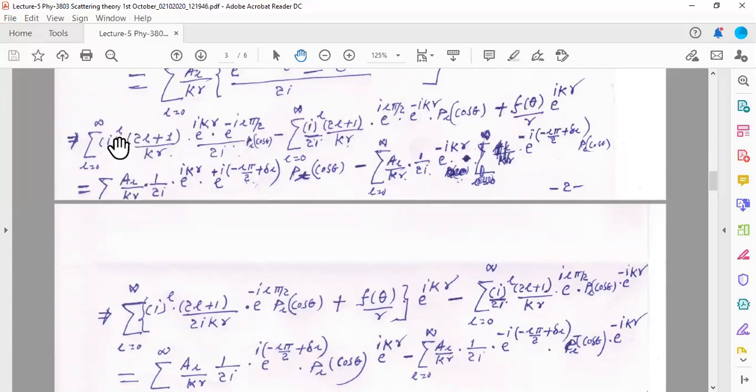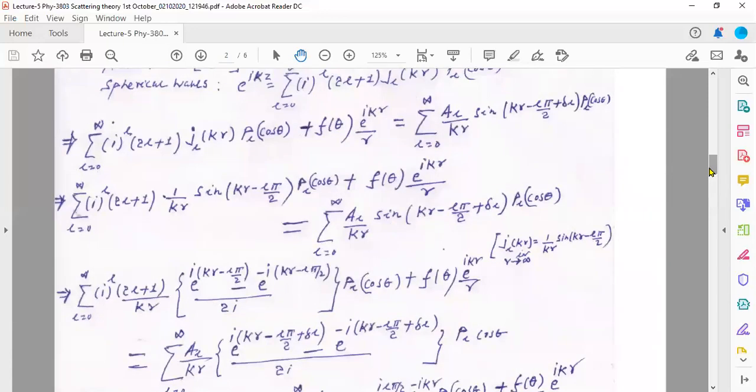This is i to the power of L, 2L plus 1 over 2ikr, and this is e to the power of minus i L pi by 2, P_L cos theta, over 2ikr. Please try to understand where these terms are coming from.